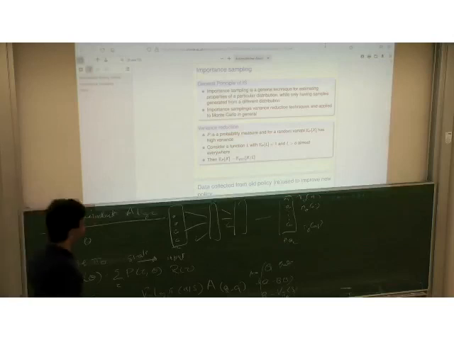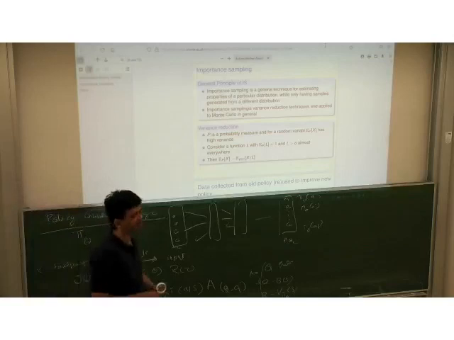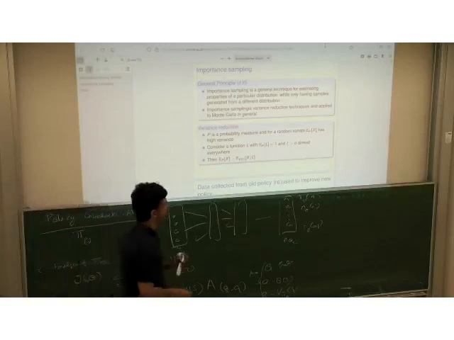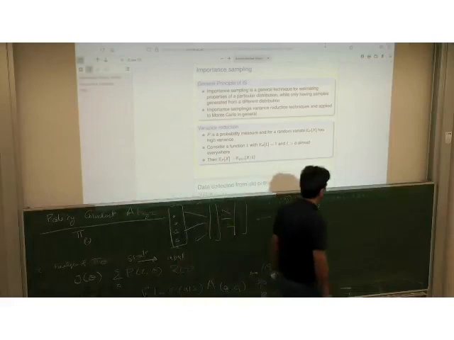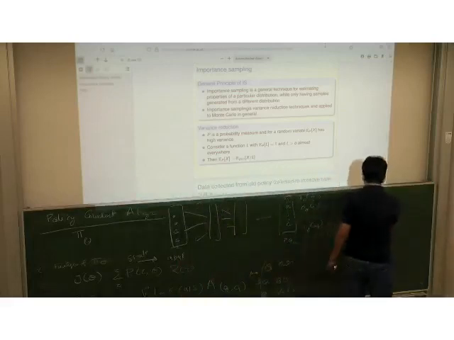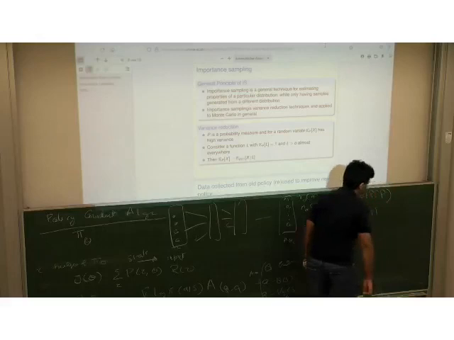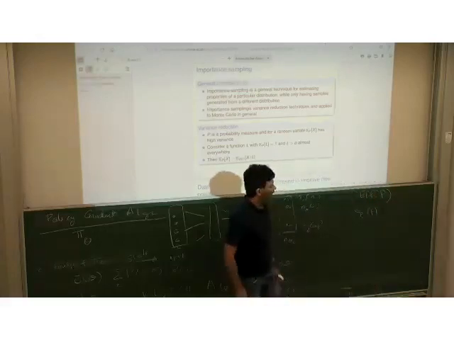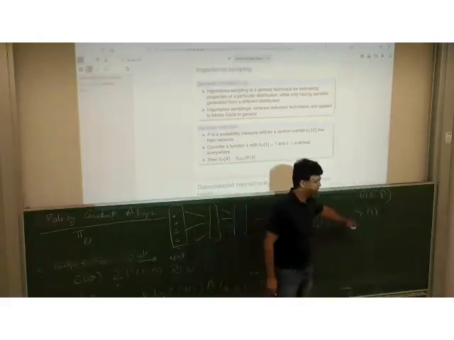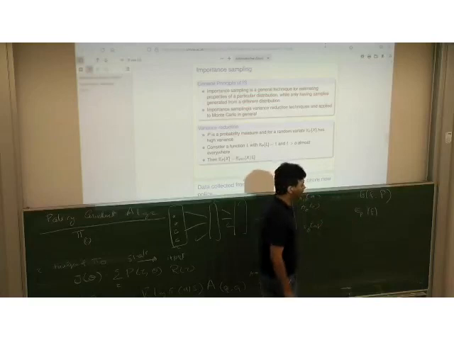Suppose your problem is to find the expectation of f with some probability measure p. In our language we write it like that. But suppose this is hard to find, or has a lot of variance.